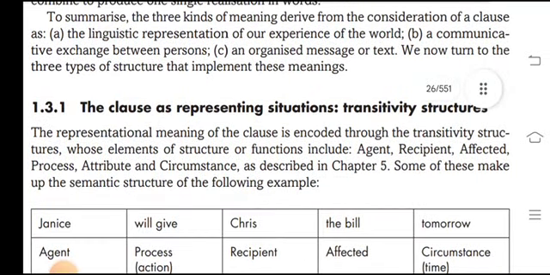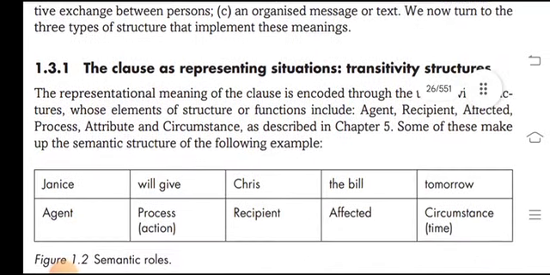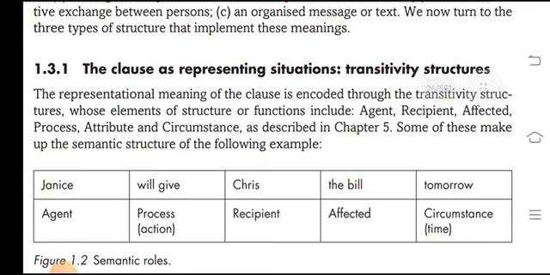these meanings. The clause as representing a situation: the transitivity structure.